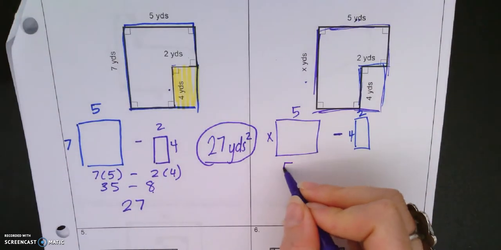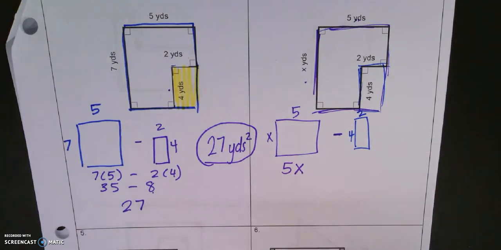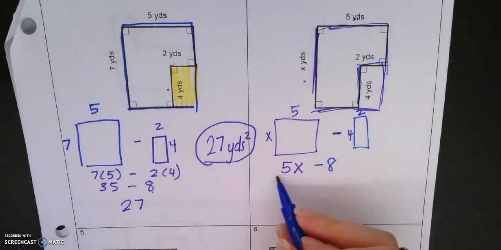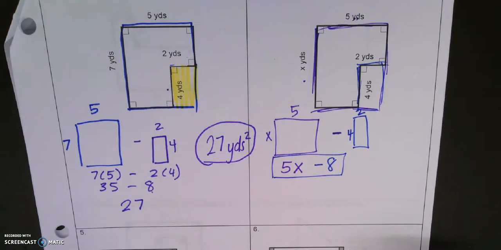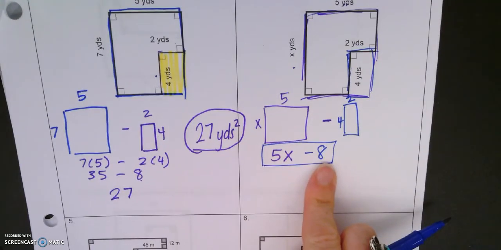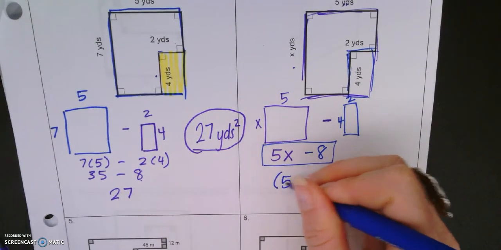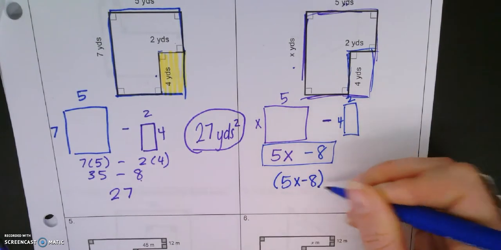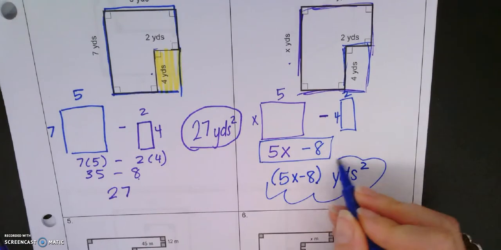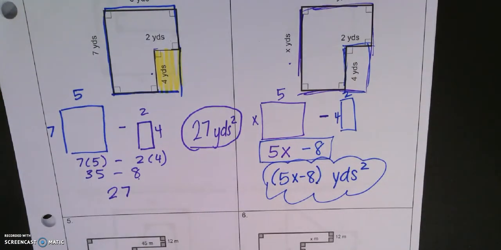So base times height, 5x minus, and 4 times 2 is 8. That's as far as you can simplify, because 5x and 8 are not like terms. I have to stop there. So I'll say that my answer is the quantity of 5x minus 8 square yards. And that's your final answer.